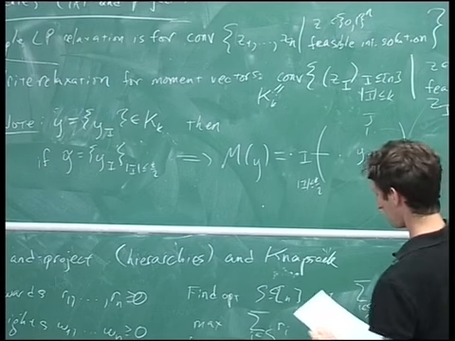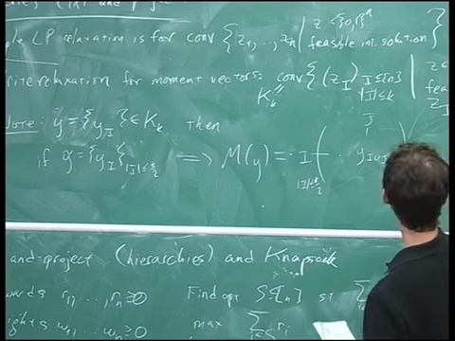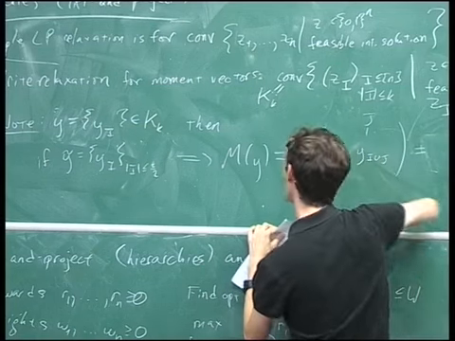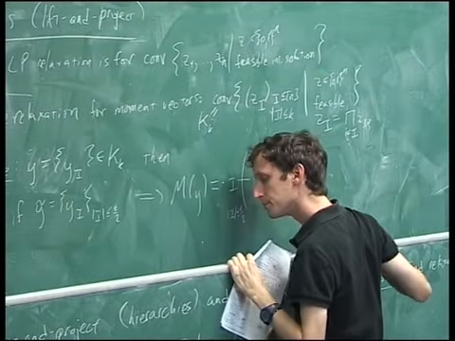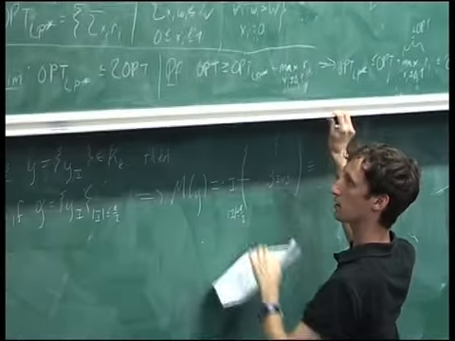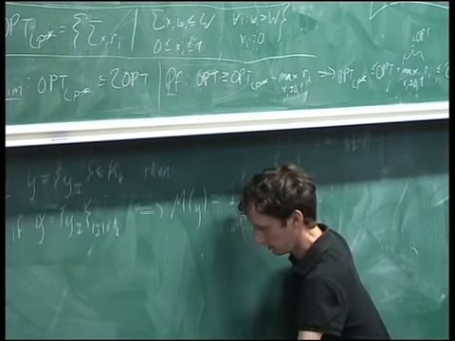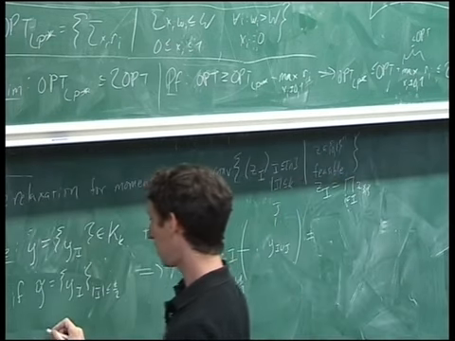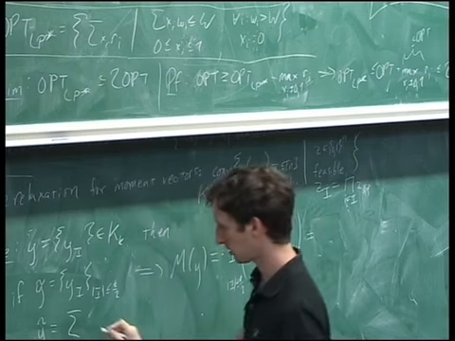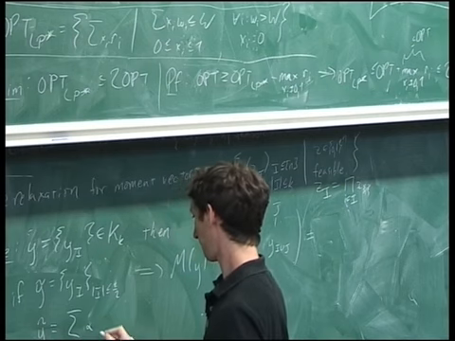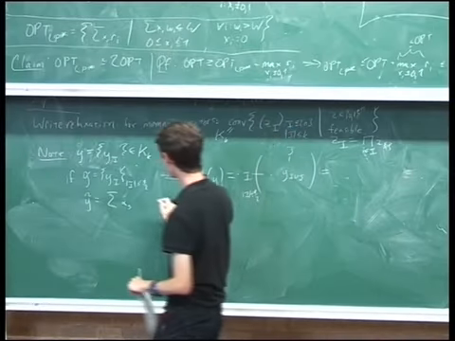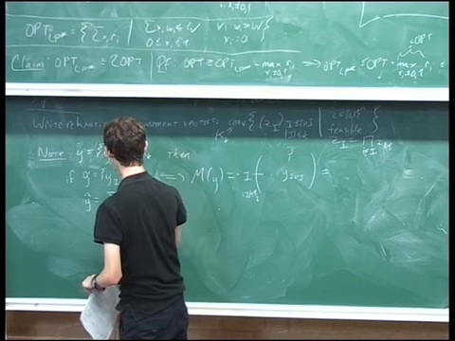How do I say this? It's a bit tricky, but if this y is represented as some convex combination of these z's, let's write it.